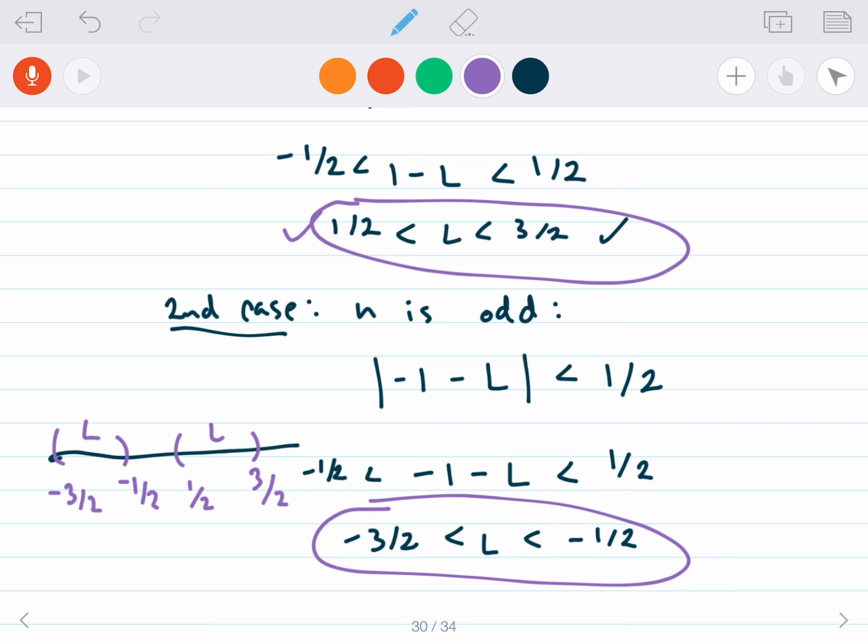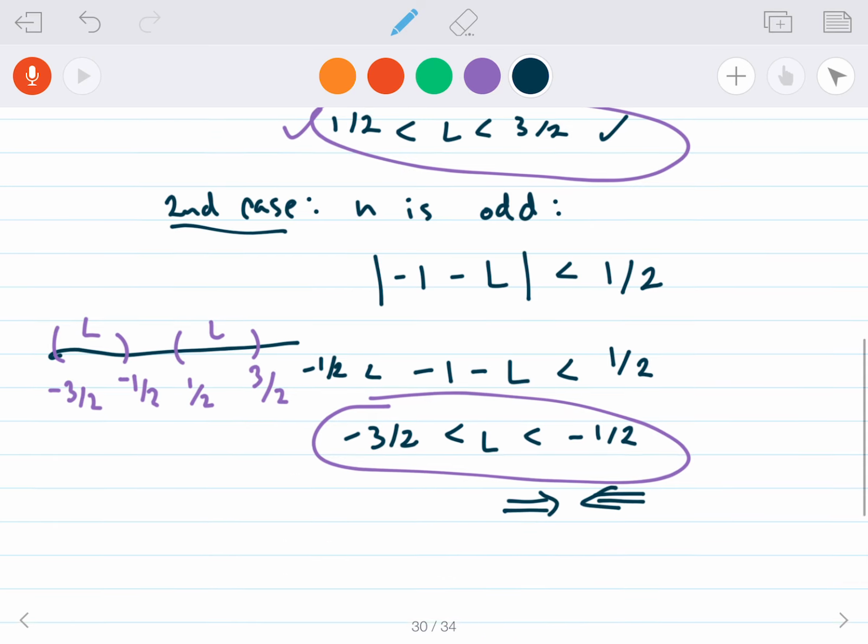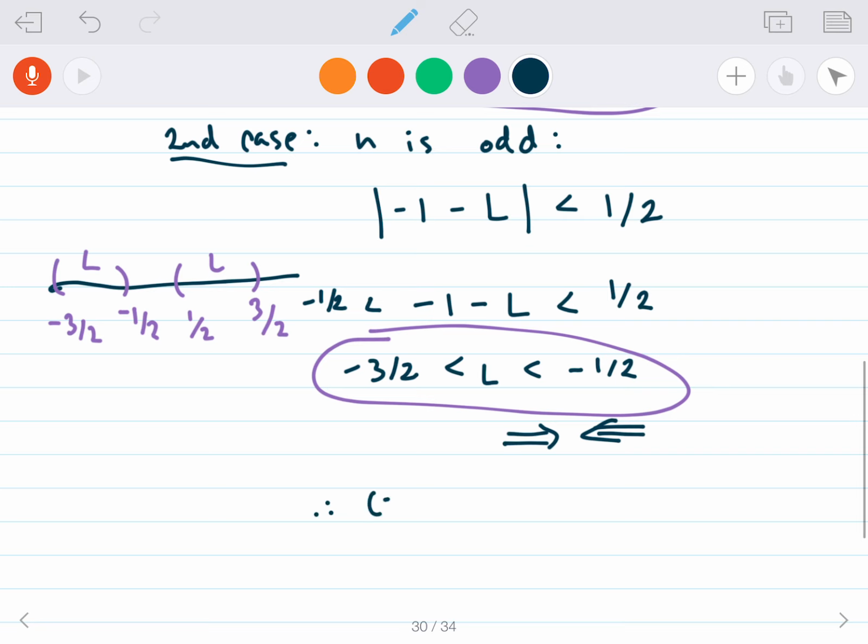These two things cannot be true, and so we have a contradiction, and therefore (-1)^n diverges.